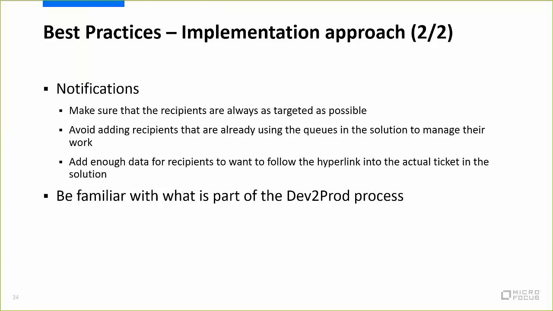If you have agent users, business users who like to work in queues rather than receiving emails, you can always consider adjusting your notifications, and just add enough in the notification for the users then to be able to follow the hyperlink into the ticket as needed.